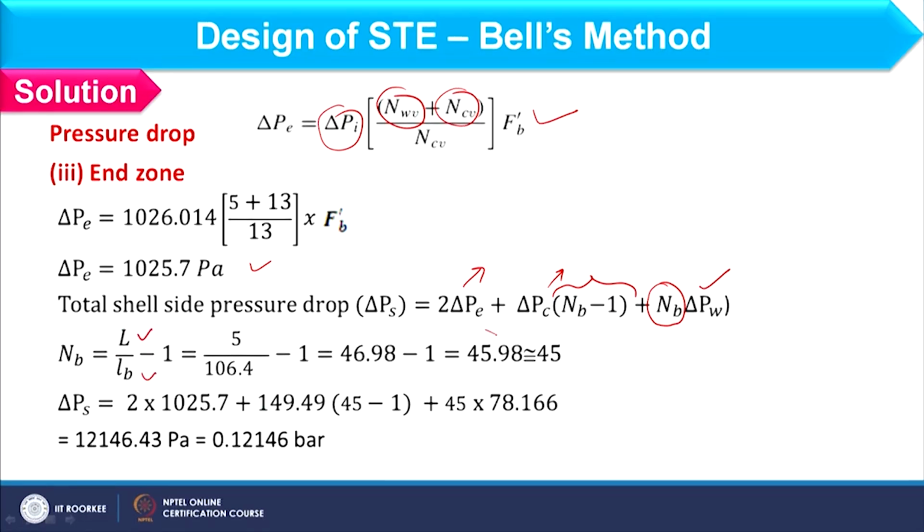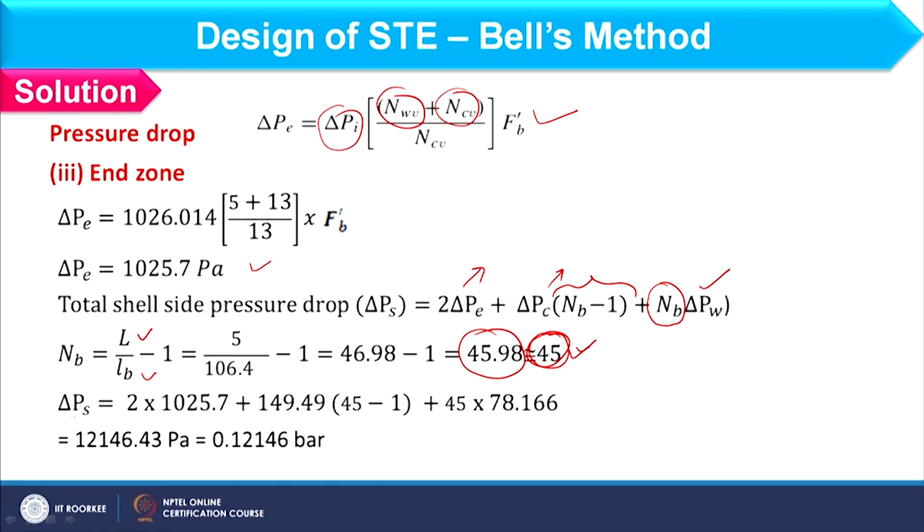So, you can find out 45.98 as NB. Because it is very close to 46, you can consider 46 also, but here I am considering 45, as the length of the shell is fixed. NB should be rounded off, so I am considering 45 as the number of baffles.